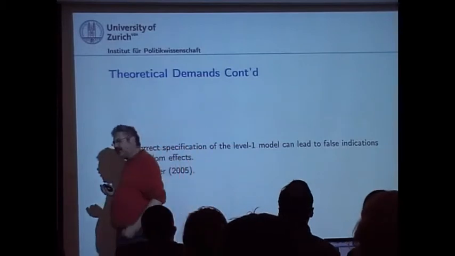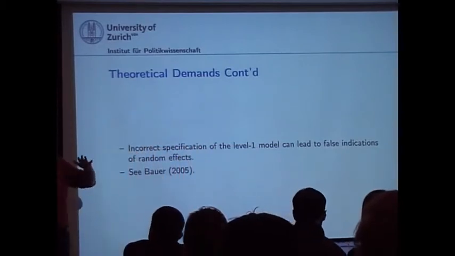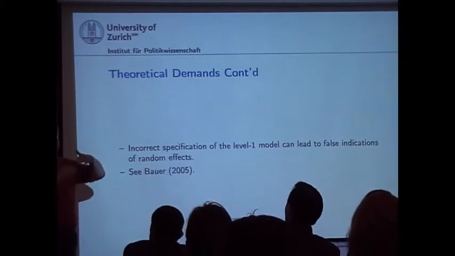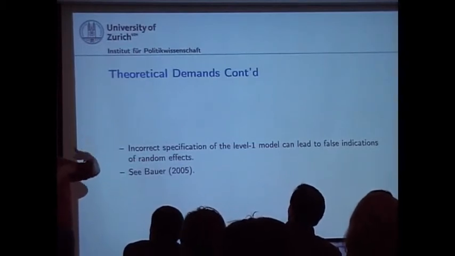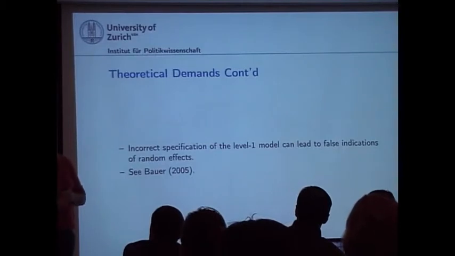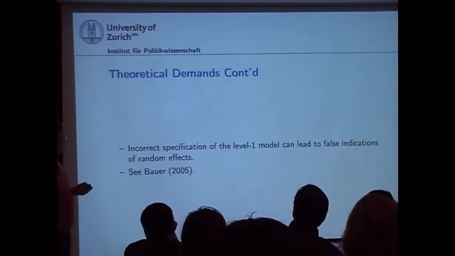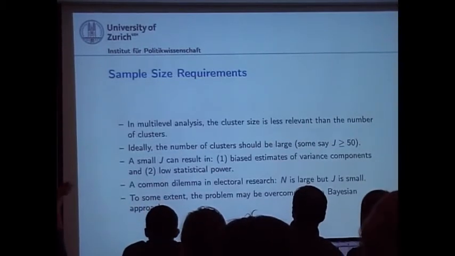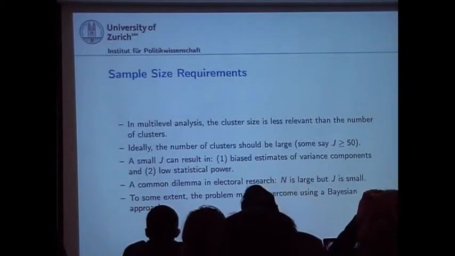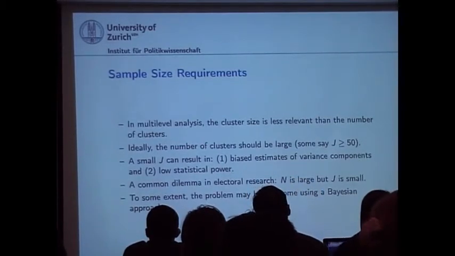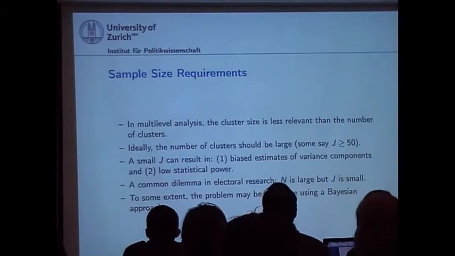Because what's happening is you have basically a poorly specified model at level 1, and what the multi-level variance components are doing is trying to rectify that. They're picking up the fact that you have misspecified your first level. So that is one piece of advice.